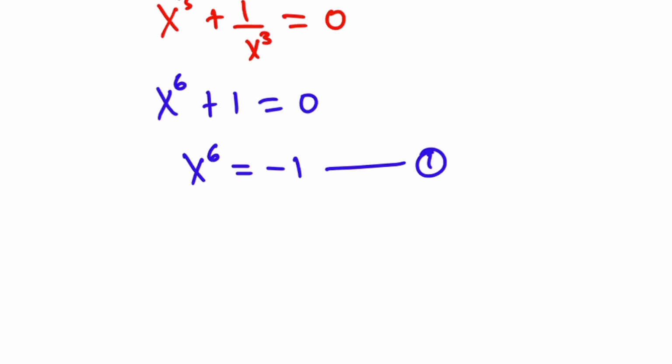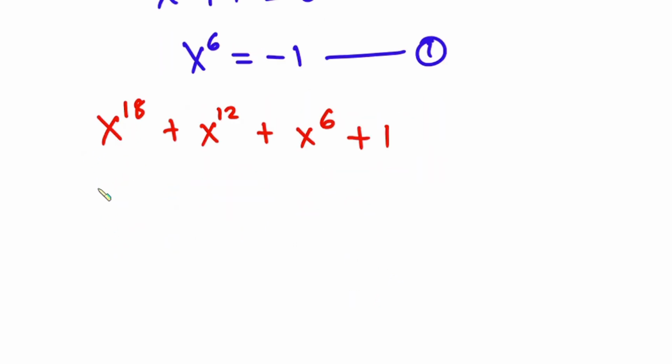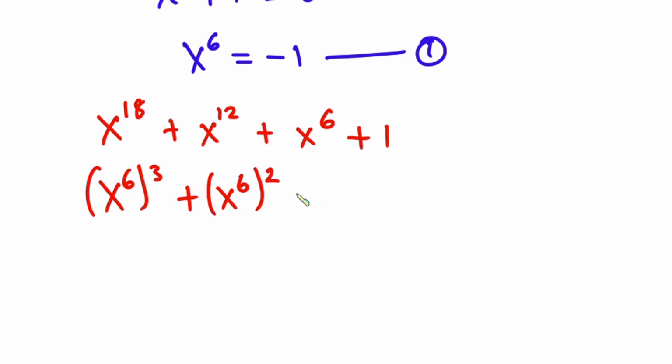Now remember from the question, we have to find the value of x to the power 18 plus x to the power 12 plus x to the power 6 plus 1, right? This x to the power 18, we're going to write it as x to the power 6, all to the power 3, plus, we also write this one as x to the power 6, all to the power 2, plus x to the power 6 plus 1.